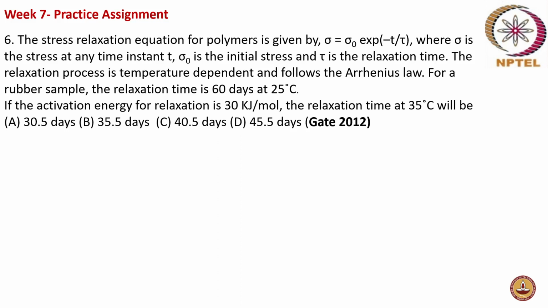For a rubber sample, the relaxation time is 60 days at 25 degrees. If activation energy for relaxation is 30 kilojoule per mole, the relaxation time at 35 degrees will be 30.5 days, 35.5 days, 40.5 days, or 45.5 days?